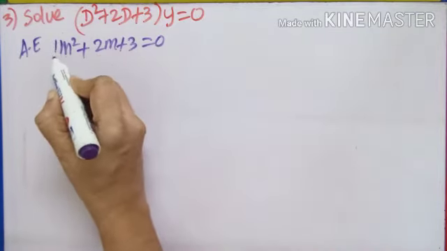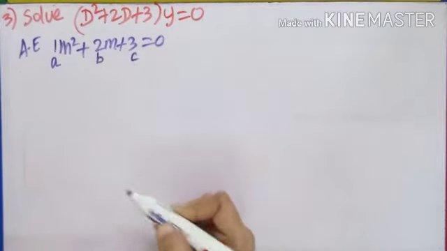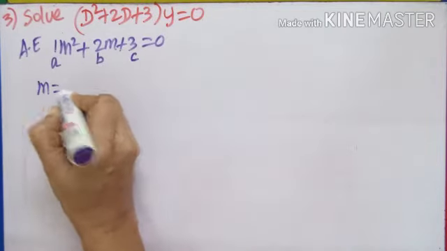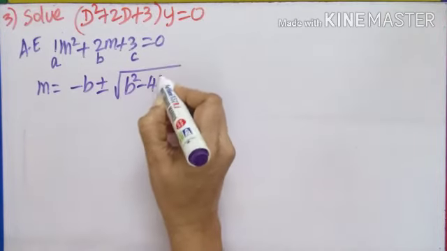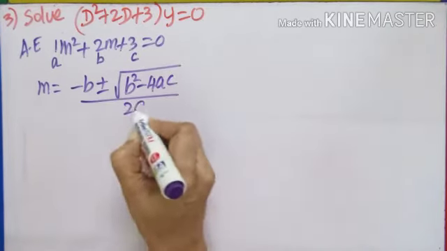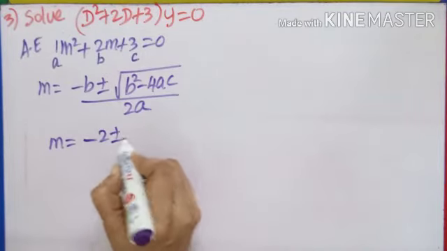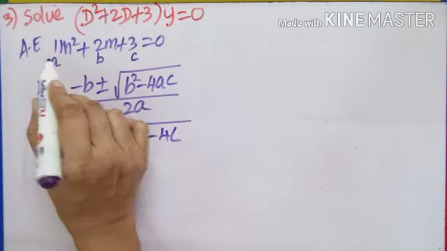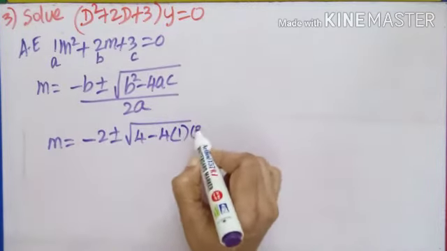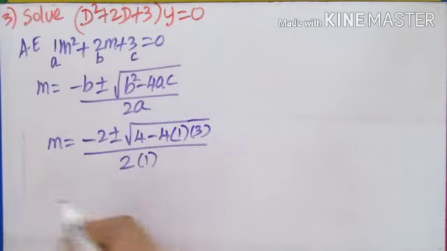Number 1, I call this as A, this is B and this is C. What is the formula? Minus b plus or minus root of b square minus 4ac by 2a. Minus b value 2, plus or minus b square is 4, minus 4, a value 1, c value 3, divided by 2 again a value is 1.